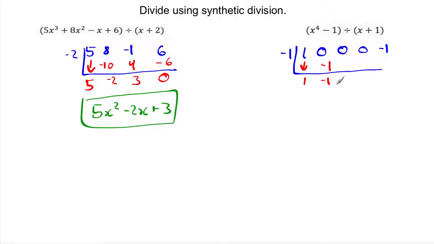Add to get negative 1. Multiply by negative 1 to get a positive 1. Add to get positive 1. Multiply to get negative 1. Add to get negative 1. Multiply, and again, the remainder of 0. So this quotient will be x to the third minus x squared plus x minus 1.